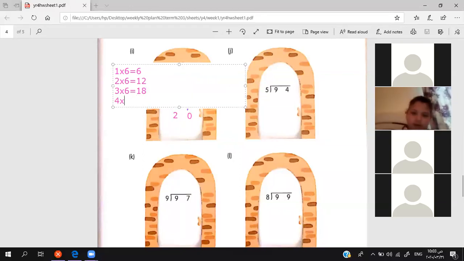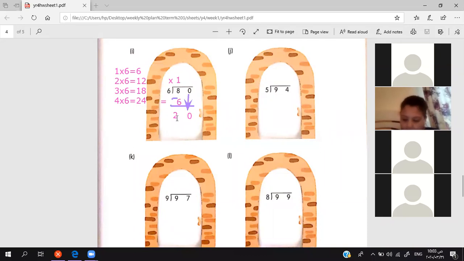And 4 times 6 gives me 24. Now I want something equals 20. Nothing equals 20, right? In the answers here, nothing equals 20. So what's smaller than 20? Just a number smaller than 20. 18. So this will be my answer.